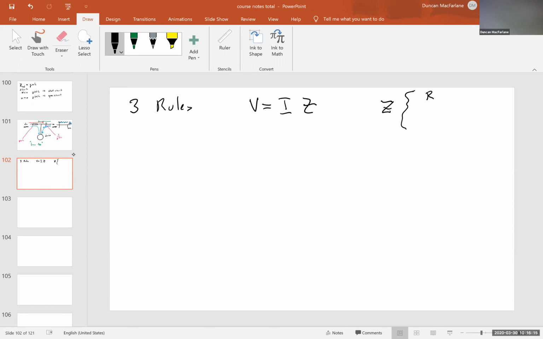Z can be R, 1 over j omega C, or j omega L. And then two other rules. One is Kirchhoff's voltage law.